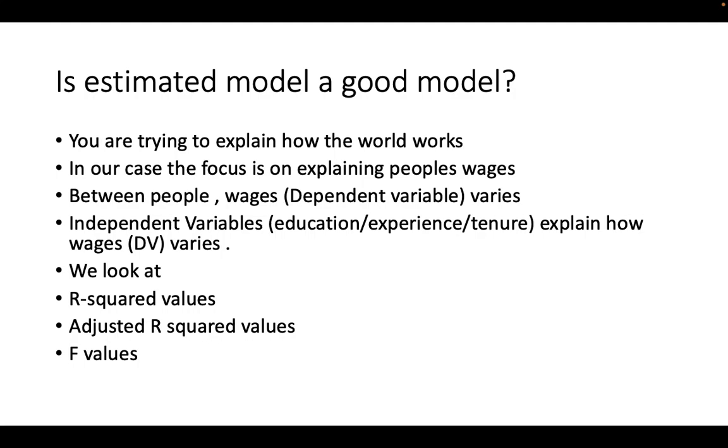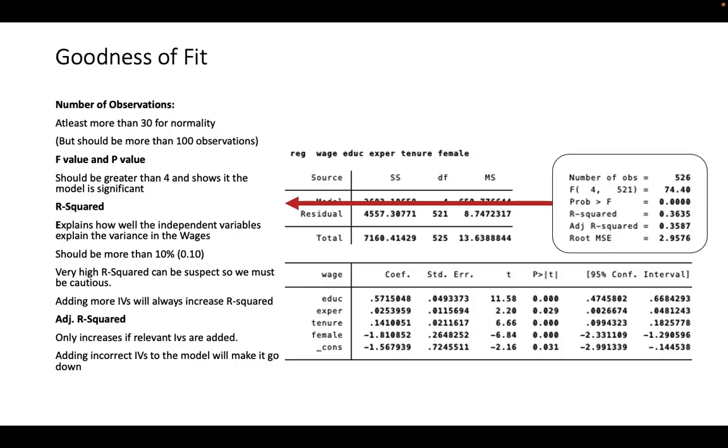In order to see whether our model is a good model or not, we look at the R square, the adjusted R square, and we can actually look at the F values as well. Just like we mentioned earlier, the box on the right, this is a stat output once again, tells you how many observations you're using.